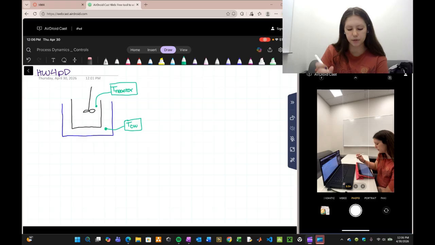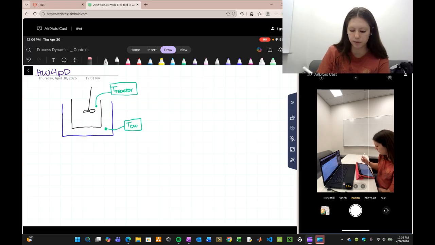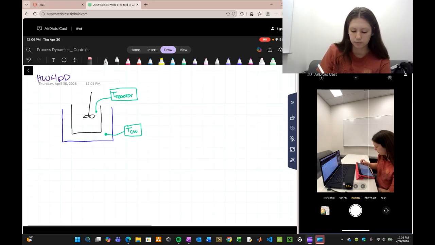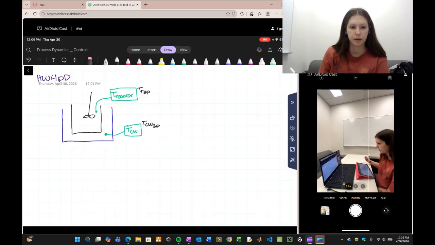And these temperatures will also have set points. So the reactor will have a T reactor set point, and there will also be a T cooling water set point.